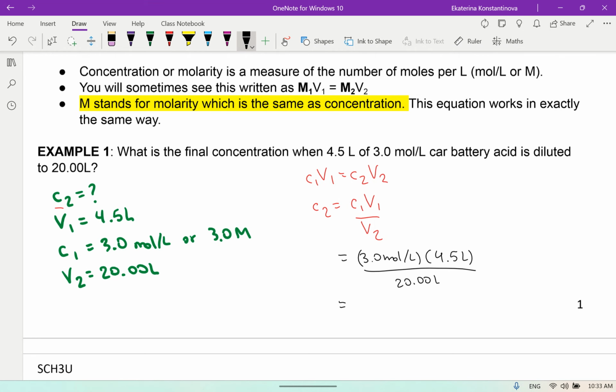When we solve for it, we get 0.675 mole per liter. Now check your sig figs. You have two significant figures here, so you need two significant figures in your final answer. So your final answer should be 0.68 mole per liter. Okay, because the 5 rounds up.